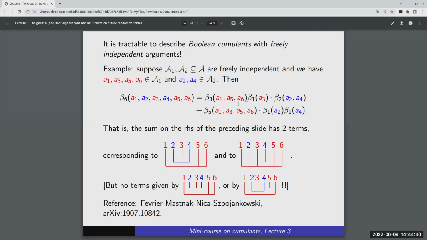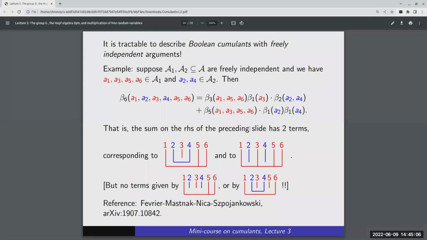But actually, look at the conditions which are satisfied by these partitions. You see that there are only two terms. And the conditions which you look at are these: separate red from blue. That's one condition. Connect, so be irreducible, connect 1 with 6. So you see this term says A1, A5, A6. This is one block. And A3 in a singleton. This is the other block, and then in blue it is A2, A4.